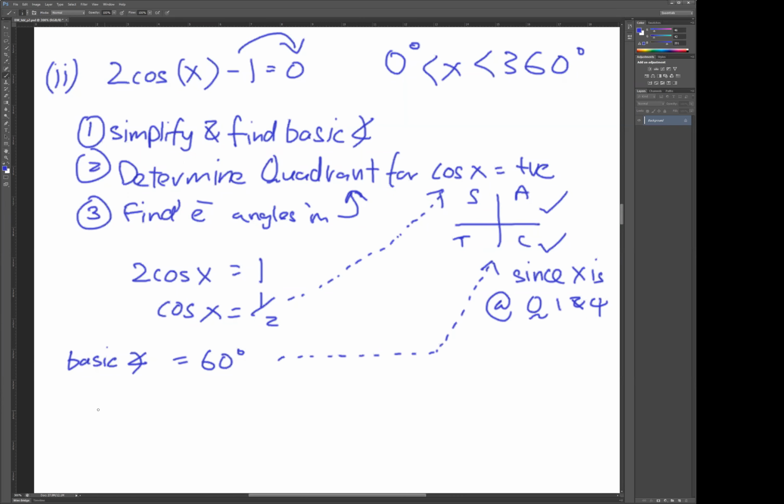So I have x equals to, the first quadrant is 60 degrees, and then the fourth quadrant will be 360 minus 60 equals to 300 degrees. Alright. Everyone okay with this?